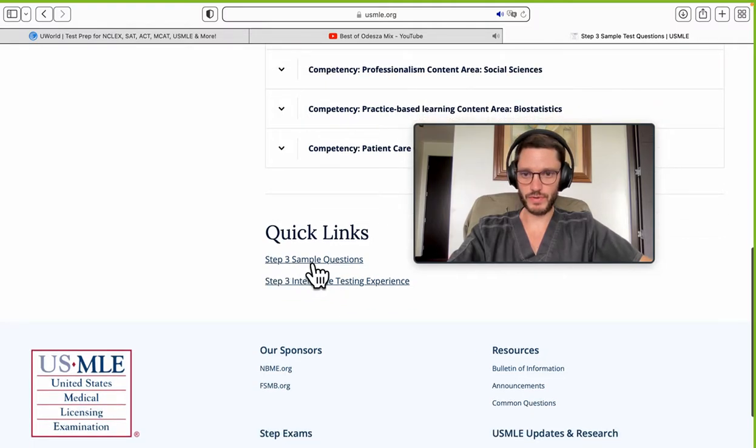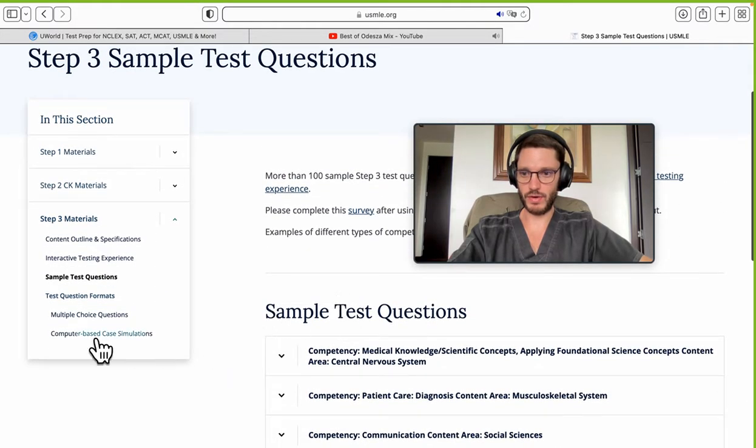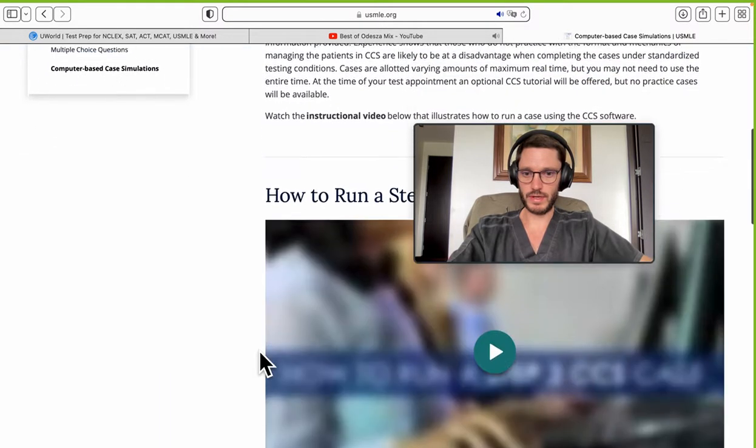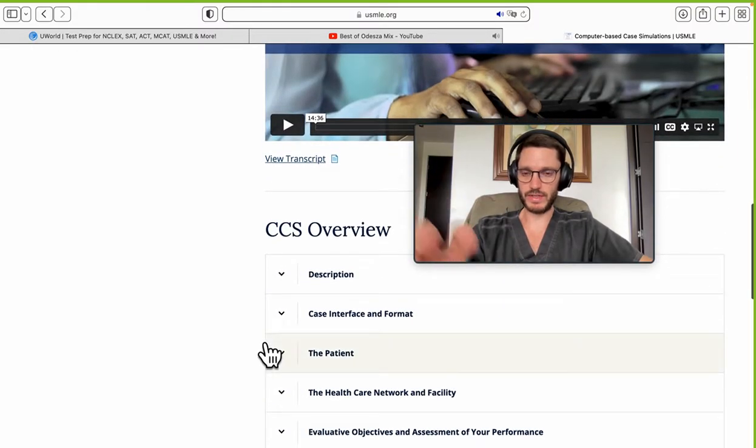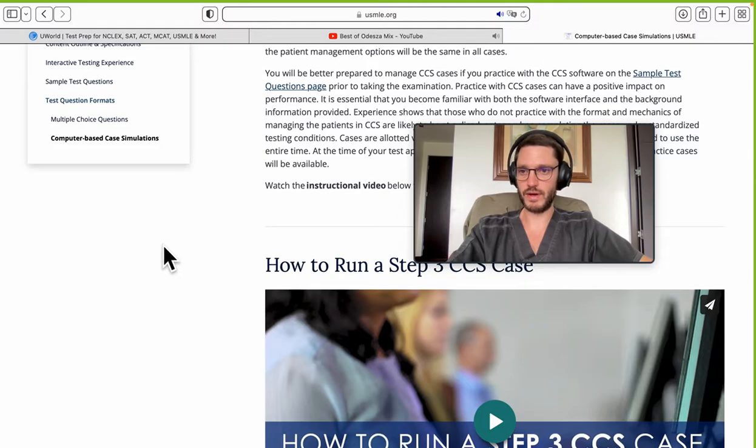So let's search for Step 3 sample questions. Interactive testing experience, I guess it would be there, or right here, computer-based case simulations. No, it's the explanation. If you want to see the video explanation, look right there.